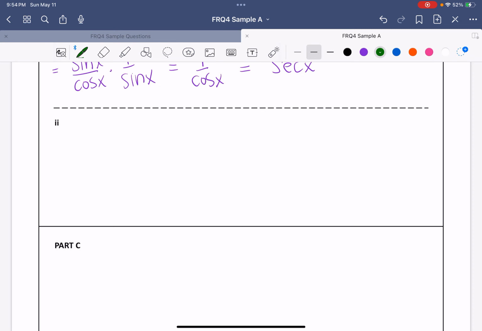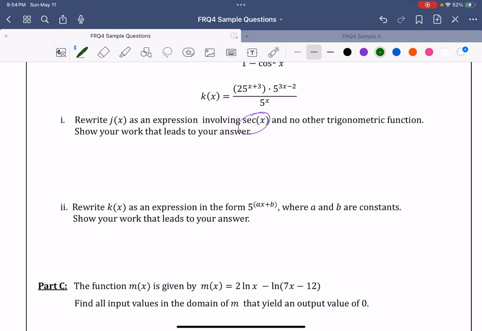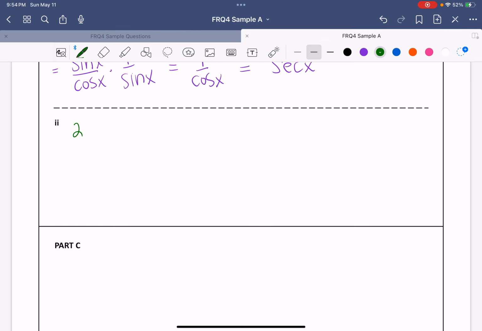Okay, so it was 25 to the x plus 3 times 5 to the 3x minus 2 all over 5 to the x.